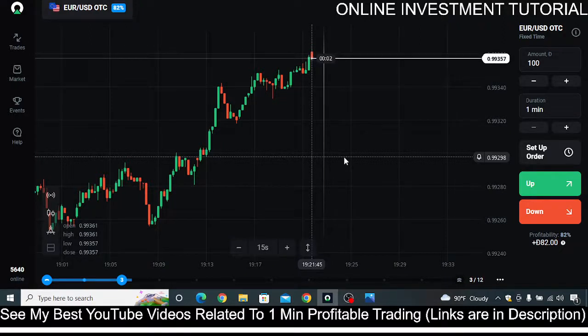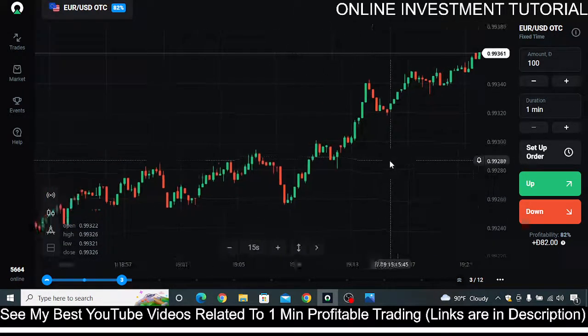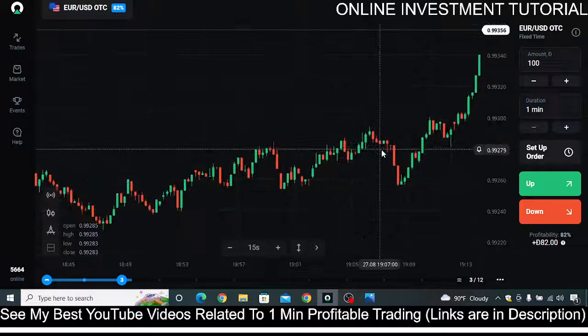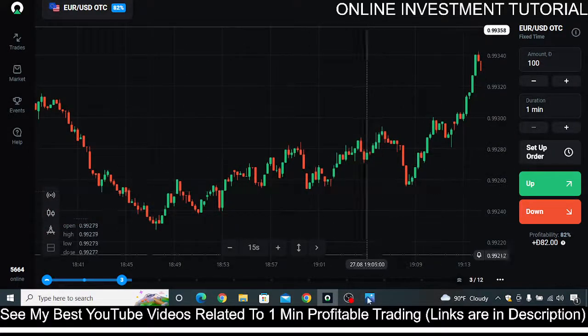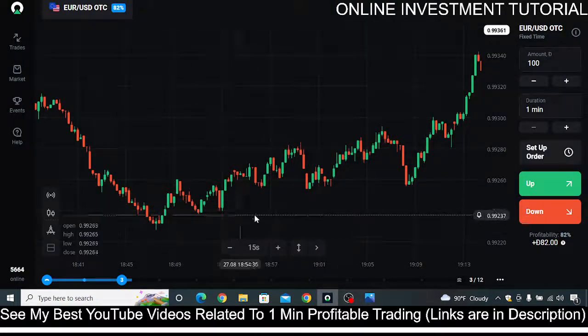So now let's go back to our main topic, support and resistance. Let me pull this chart a little bit. Let's go a little bit into the past, and you can see. Previously I showed you this kind of support and resistance. I hope you have understood it, and you can see these things in the real market.